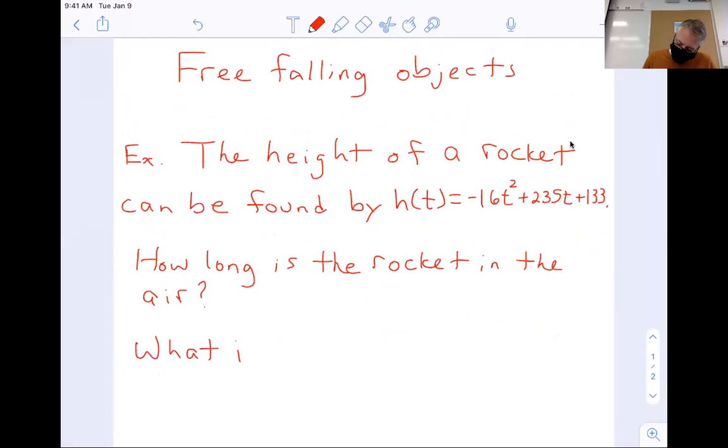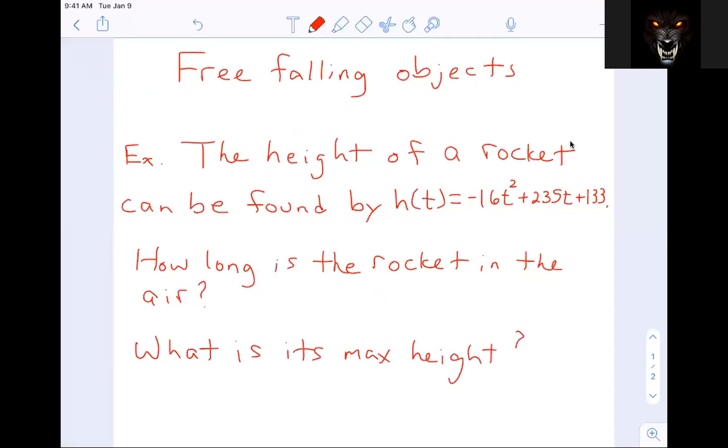What is its max height? This isn't rocket science, it's rocket mathematics. So we got this rocket, shoots up in the air for a certain amount of time, comes back down, hits Earth. We want to know how long is it in the air and how high did it get?